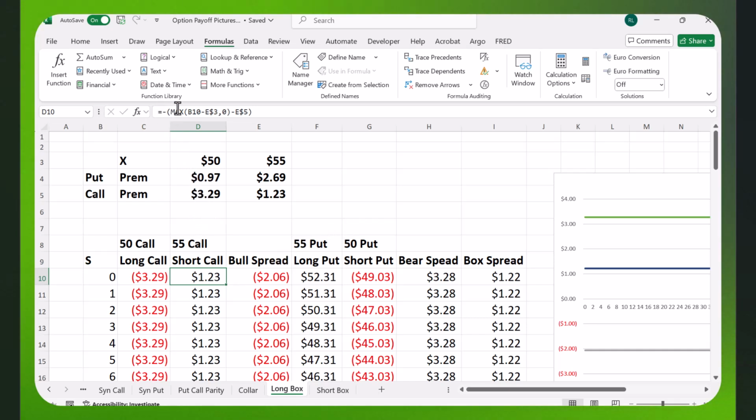So I have negative, and then parentheses around it, the maximum of the stock price minus the strike price. In this case, the strike price is 55 for this put, or 0, and then minus the cost. And I get $1.23 here.